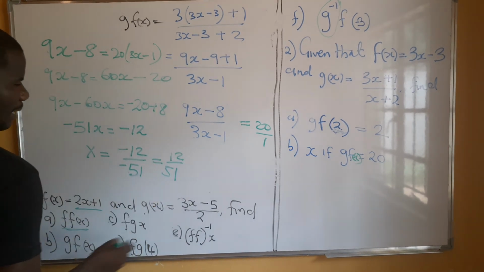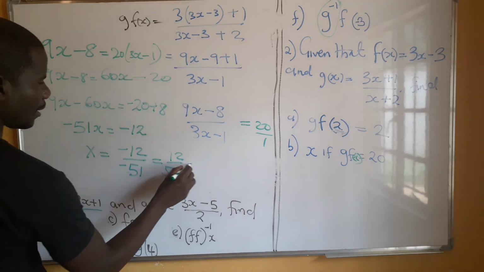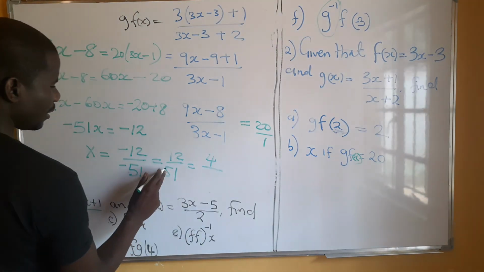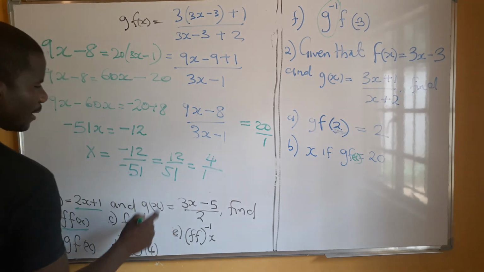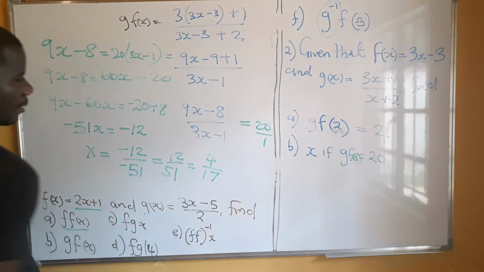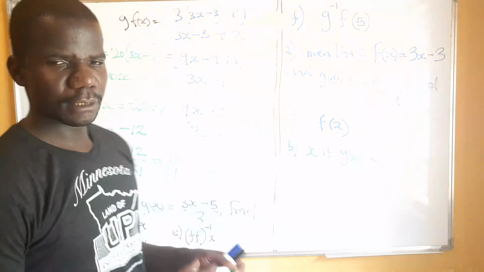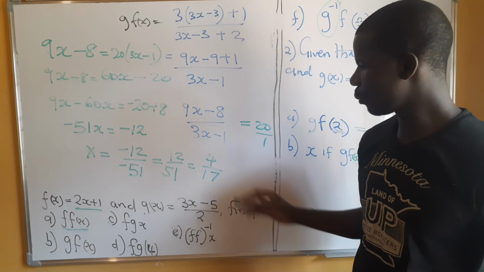Now, do we have a common number? Can 3 go into these? Let's try 3. 3 into 12 will be 4. 3 into 51, it's 17. Okay. So this is what is going to be our final answer. We are going to be brought down to this one.